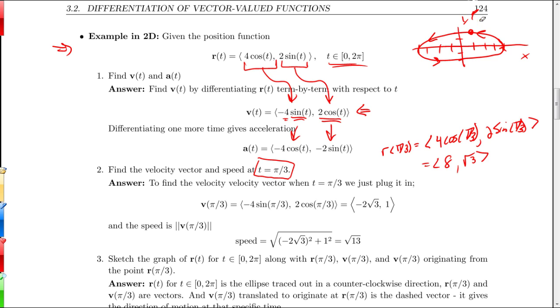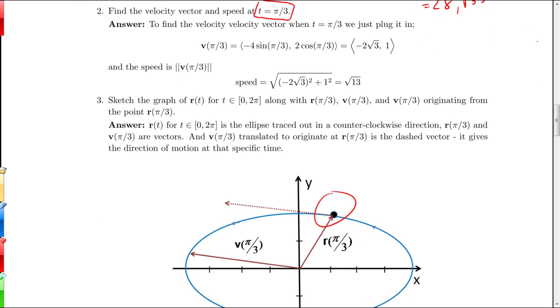So this point right there is the position vector at pi over 3. In other words, if you scroll down onto your page, it's this position. So there's my position vector at t equals pi over 3. That's a nicer graph.